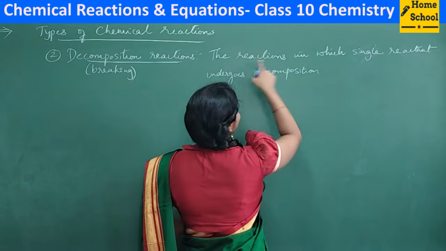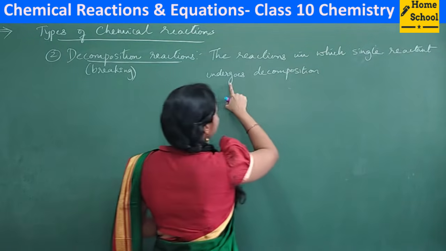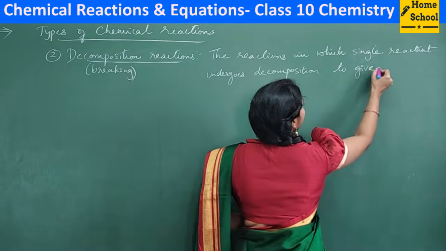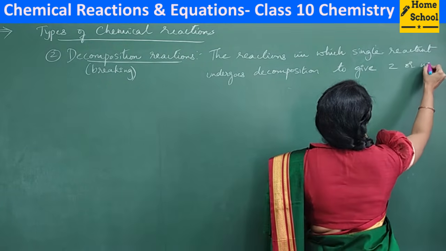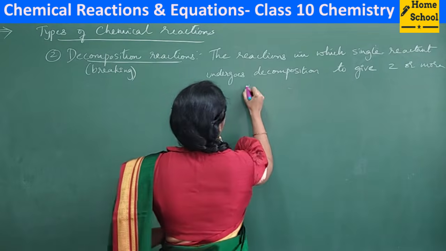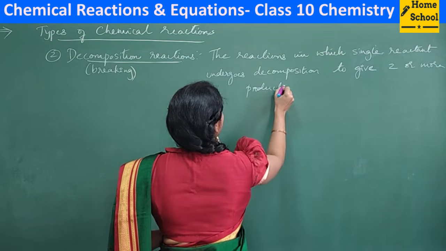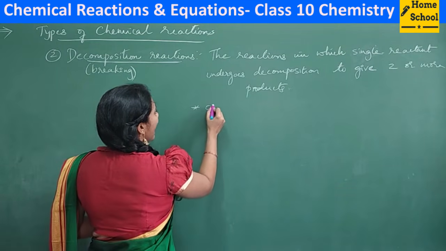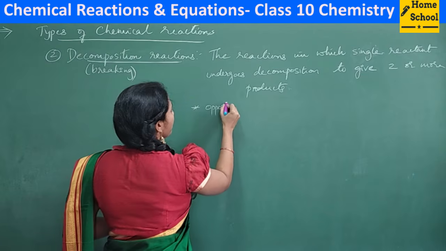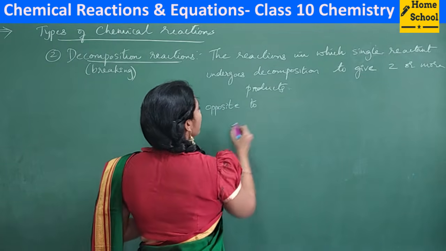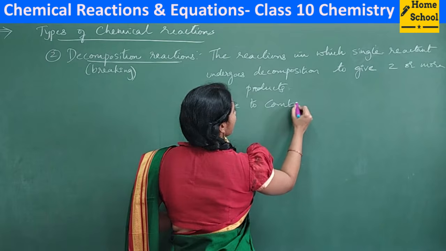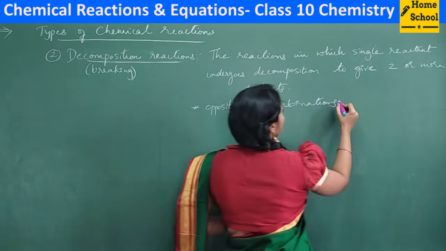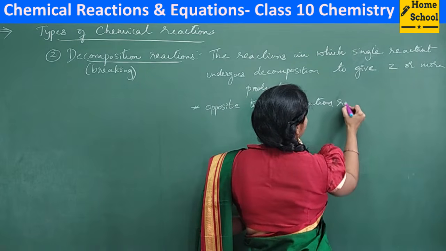So the reaction in which a single reactant undergoes decomposition to give two or more products. I can also write one more sentence here. They are just opposite to combination reactions. Very simple reaction. These reactions are just opposite to combination reactions.